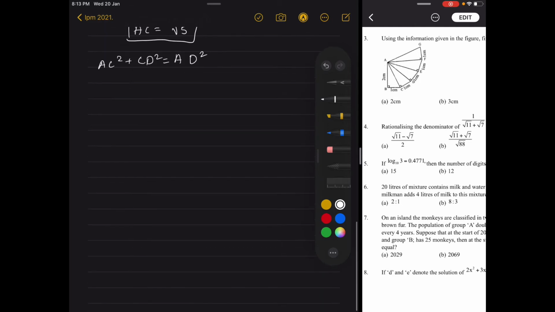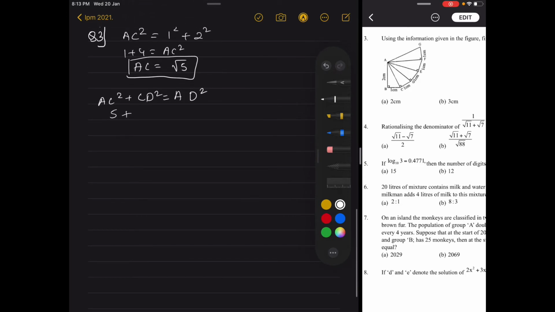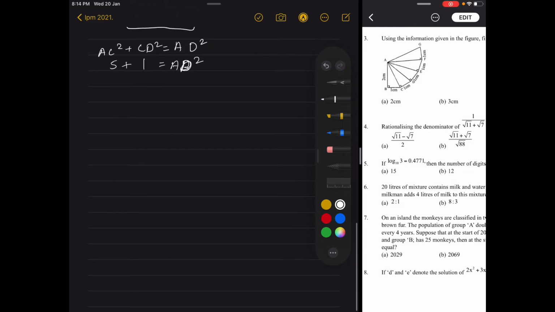Okay, now AC square we know is 5, CD square we know it is, what is it, yeah, 1. Sorry for the disturbance. And AD square we have to find out. So AD would be equal to under root 6.